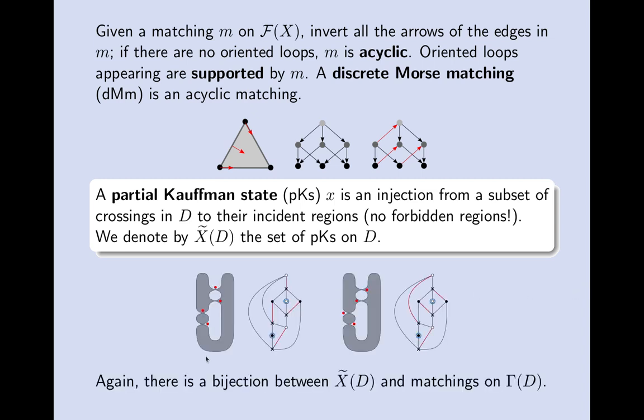Okay, we have these 2 examples here. Again, we have on the left a partial Kauffman state, and you can see that the 2 regions that do not contain any of these components in red are not adjacent. And again, here you can see in red the half edges in the Tait graph that correspond to this partial Kauffman state.